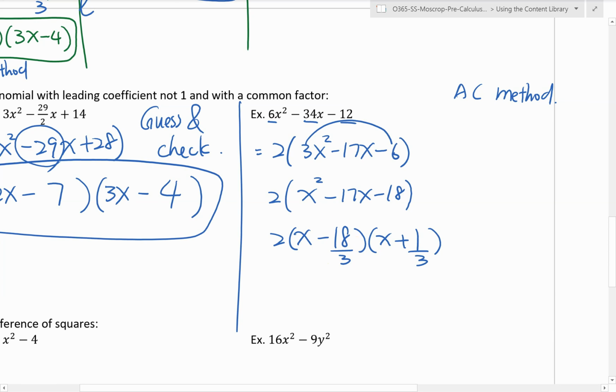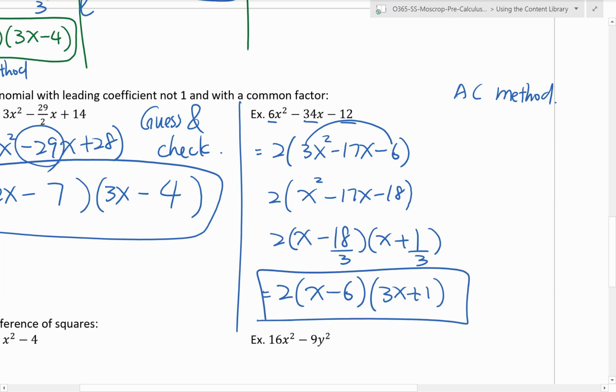Negative 18 divided by 3 is a nice number, you get negative 6. The 1/3 is not an integer, so we bring this 3 to the front. We get 3x plus 1, and this would be the answer. So that's the AC method.